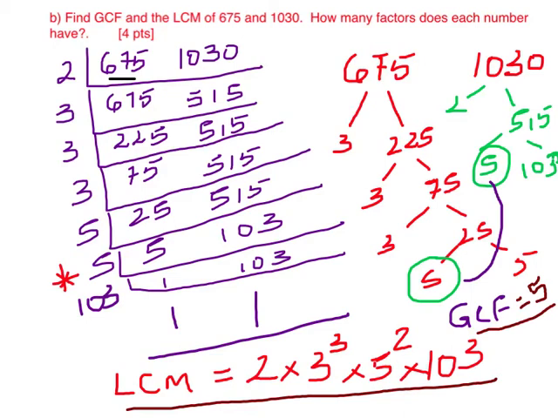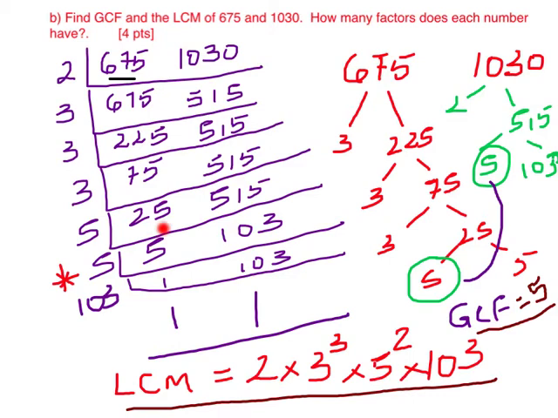Again, we have a 3. It goes into 225 and gives 75. We still bring 515 down, because 3 is not a factor. Again, we have a 3. 75 divided by 3 is 25. Again, our 3 is not a factor of 515. We have 5.